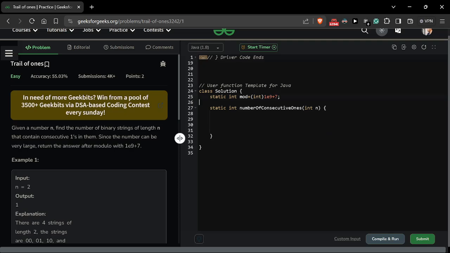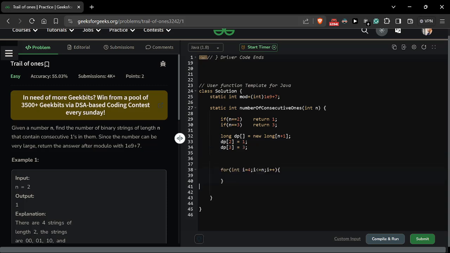I also have to consider the modulus operation. So just write the base case. For n equal to 2, the answer is 1. For n equal to 3, the answer is 3. Now I will build a DP of long data type. Just fill the values of 2 and 3. Now run a loop from 4 till n. For dp of i I have to consider dp of i minus 1.